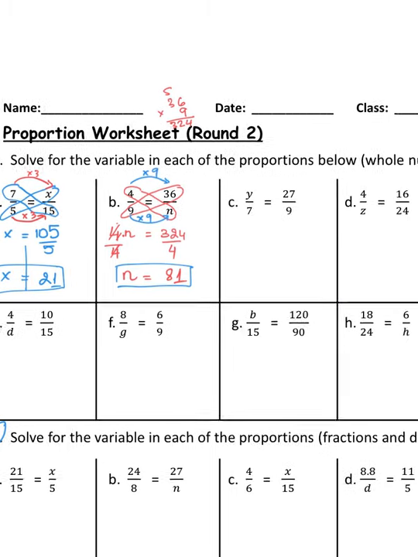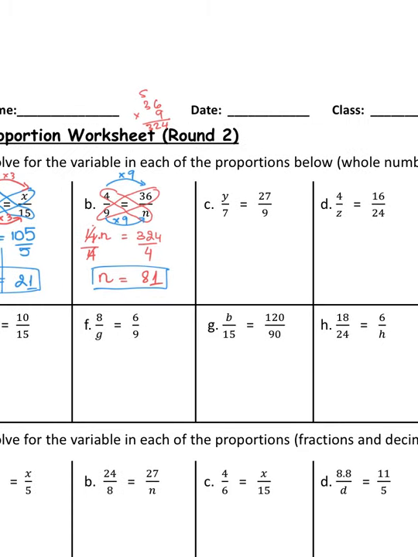Okay, I'm gonna do C. y over 7 equivalent to 27 over 9. Okay, and I'm gonna do cross multiply. Start with the side that has the variable, 9y. 27 times 7. 7 times 7, 49. 7 times 2, 14.